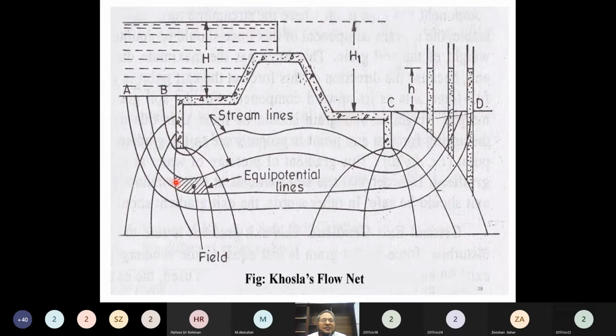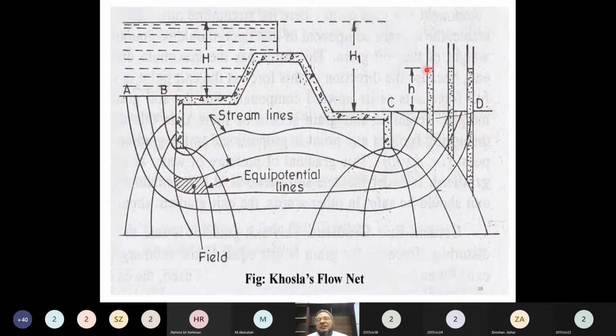These lines are the equipotential lines. They show the pressure. What is happening to the pressure head as we move downstream? Here the pressure will be higher, and as we move ahead, the pressure head will decrease. Okay. So this is an equipotential line. It gives that along all points of this line, the pressure heads are the same.